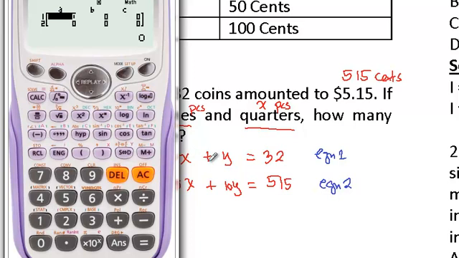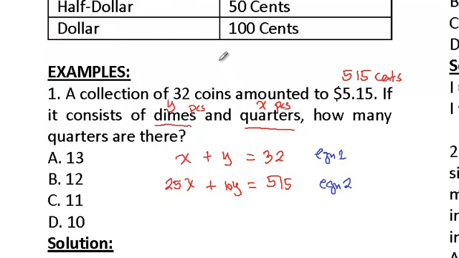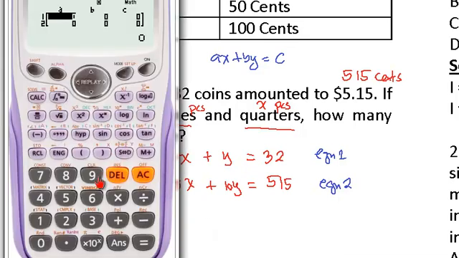Just remember the format is ax plus by is equal to c, meaning we prepare this with the equation equal to something, not equal to 0. So a is 1, b is 1, c is 32.